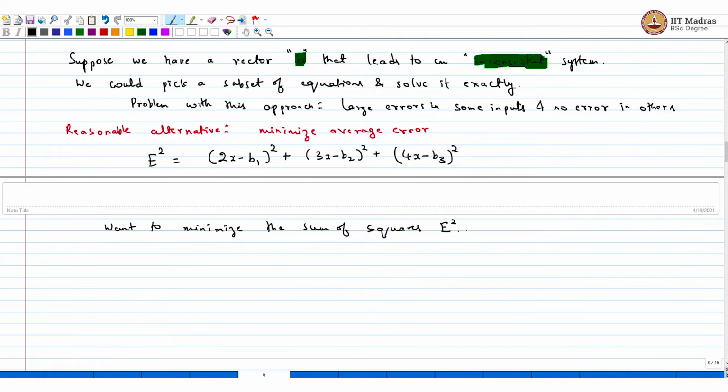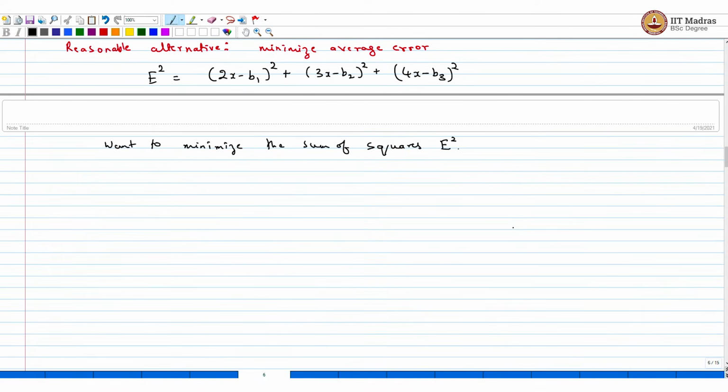So, what is a straightforward way? This is something that you must have done in your high school or even a little later. You just take the derivative of this with respect to x and equate it to 0, which is the same as 2 times, you can discard the 2, (2x minus b1) plus 3 into (3x minus b2) plus 4 into (4x minus b3).